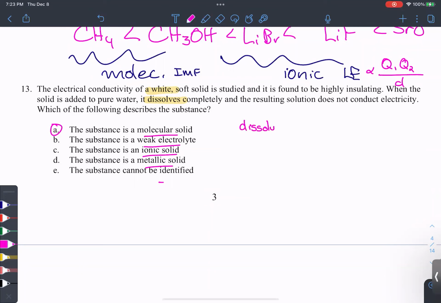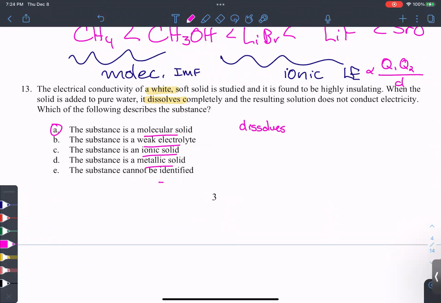Molecular compounds dissolve in water, like sugar. Sugar is molecular. It dissolves in water, but sugar doesn't conduct electricity because there are no ions present. Salt also dissolves in water, but the difference is that salt water does conduct electricity.